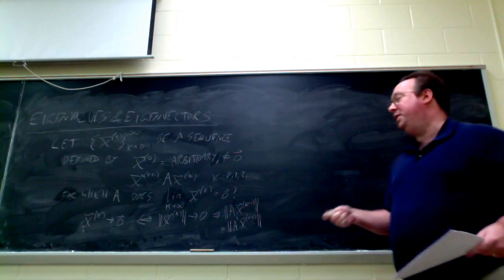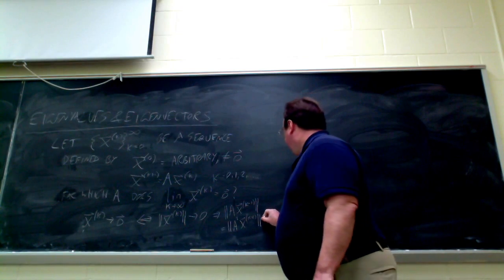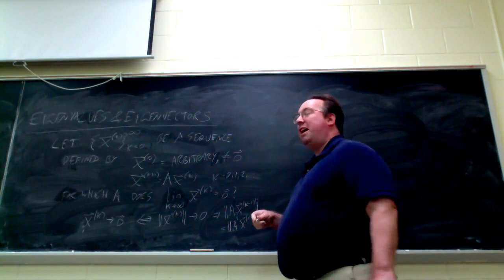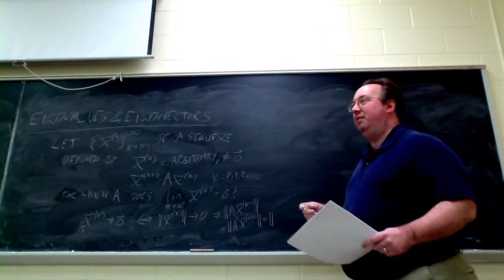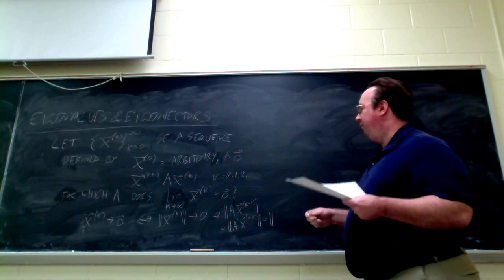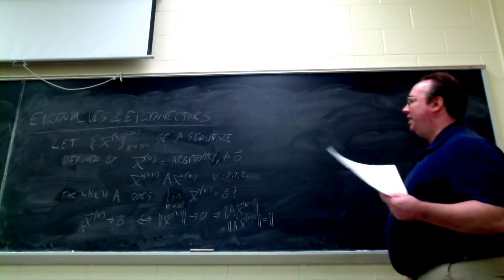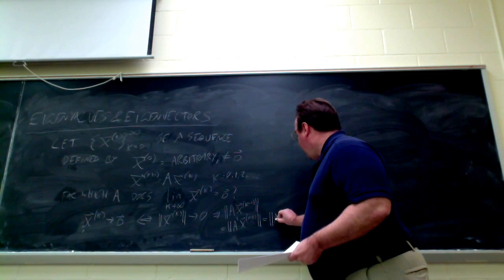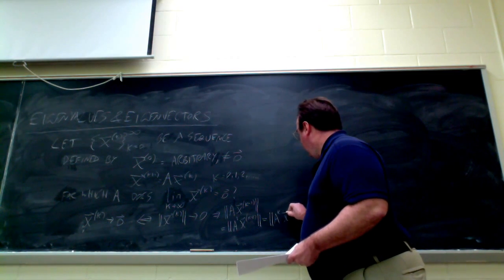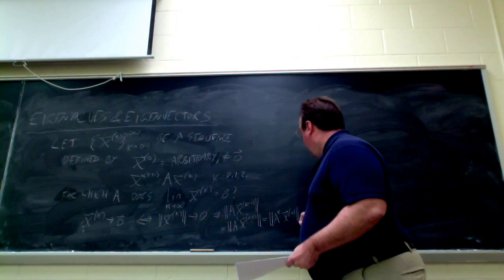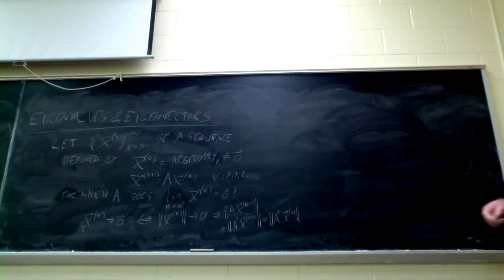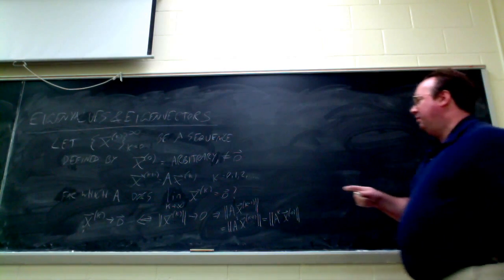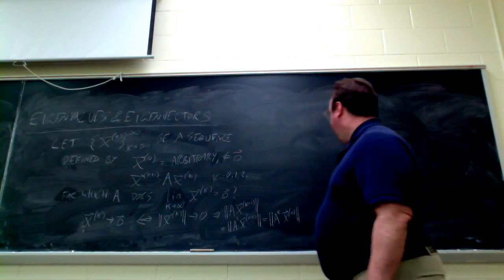I can apply this repeatedly. And it doesn't matter which norm I'm using. So the manipulations I'm about to make will apply for whatever norms we've covered. So this is the same as A to the k x naught, just by applying this formula for each new vector k times.